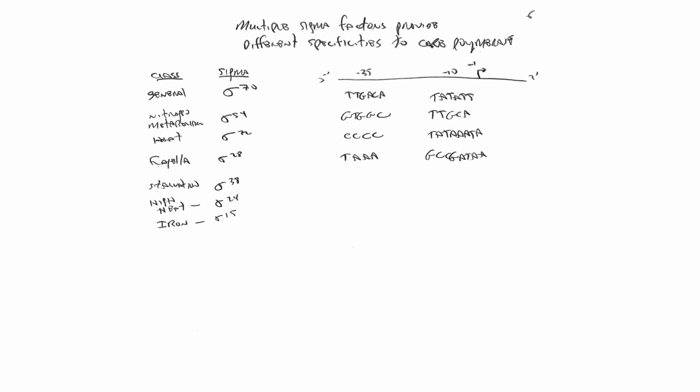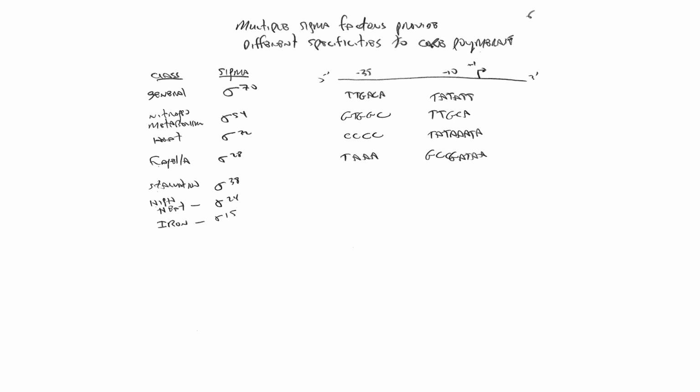And so sigma 32 appears. It binds to the core polymerase and then binds to the sequences that are shown on the right-hand side. There's still a -10, -35 box, but those sequences, the TAT, ATA, and the one at -35, which is CCCC, are present upstream of genes that encode the heat shock response.